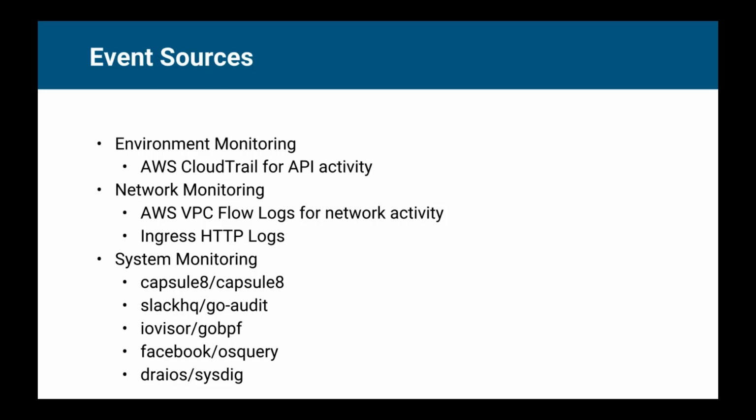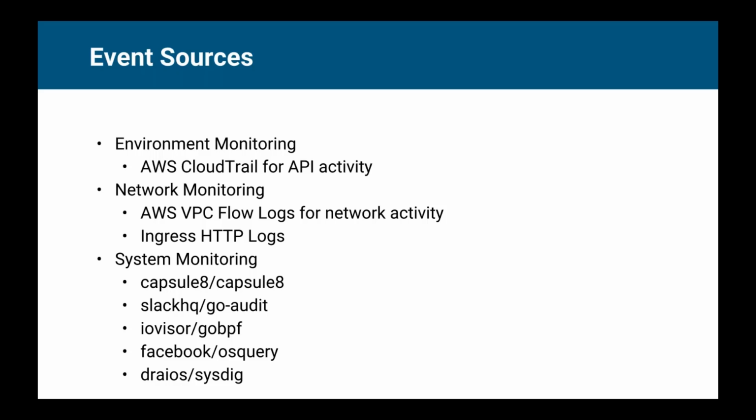There are 5 choices we're going to talk about today, starting with the Capsule8 Sensor, which is a to-be open source project that we have sponsored and will be releasing very soon. Go Audit is a lightweight pure Go client to the Linux Audit subsystem, written at Slack.